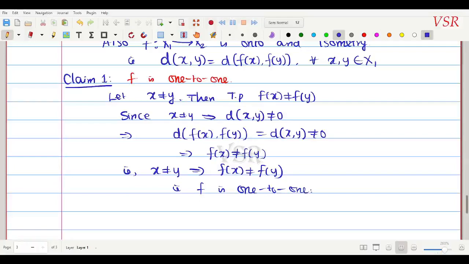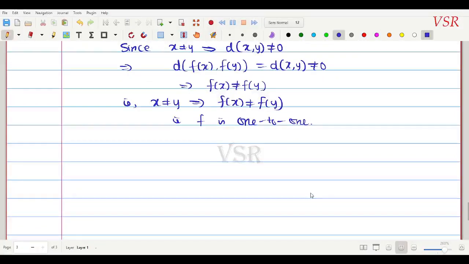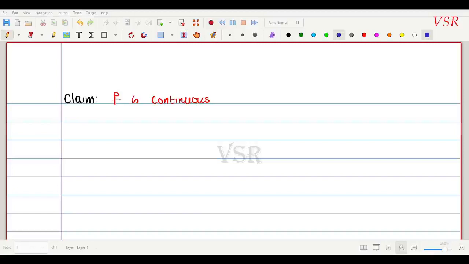Okay, so now the next claim is claim 2. We are going to show that f is continuous. Now let us prove that f is continuous. What is given?